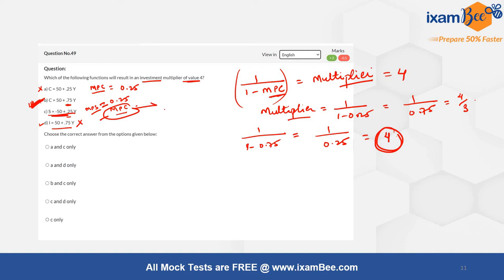So MPC here is 0.75, right? Because the whole income would be either saved or consumed, hence the sum of MPC and MPS would always be 1. So from here we know MPC is 0.75, and 0.75 MPC is giving you a multiplier value of 4. So the C option would also be correct, hence the answer is B and C only.